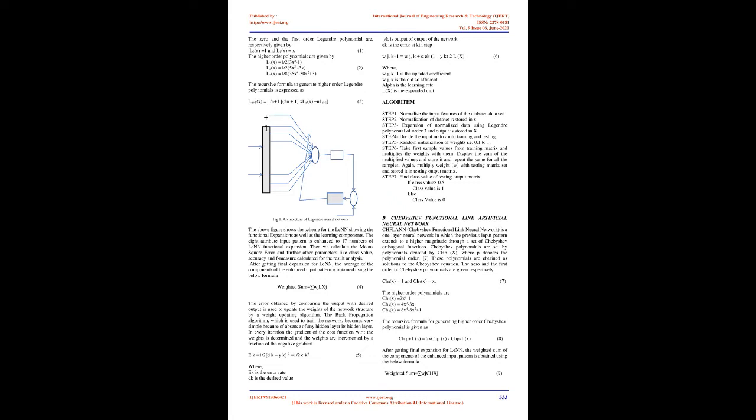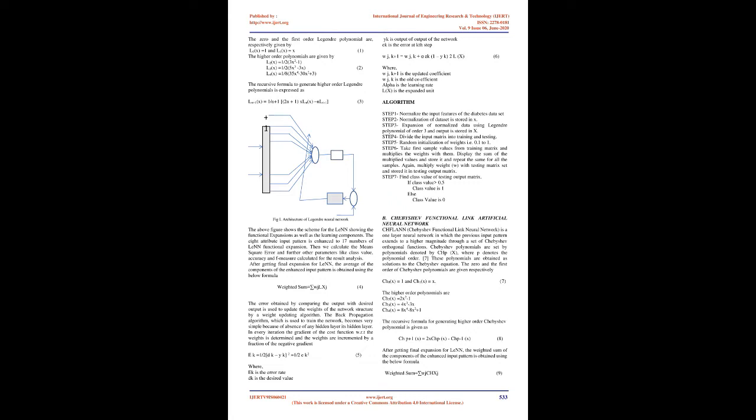The Legendre neural network, LeNN, structure is similar to FLANN, the functional link neural network. In FLANN, trigonometric functions are used in expansion functions and LeNN uses Legendre orthogonal functions. The Legendre polynomial involves less computation compared to that of trigonometric functions. Therefore, LeNN offers faster training compared to FLANN.